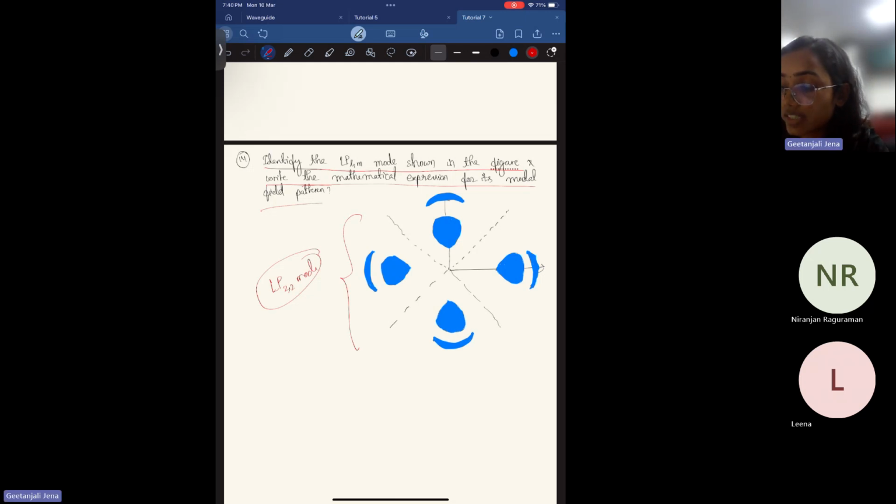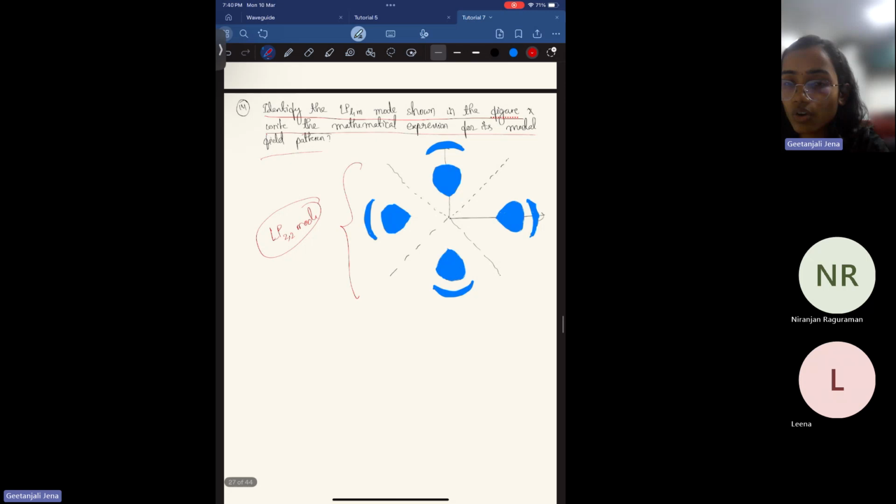So just let me know whether it will have cos phi dependence or sin phi dependence. Yes, it will have cos phi dependence.